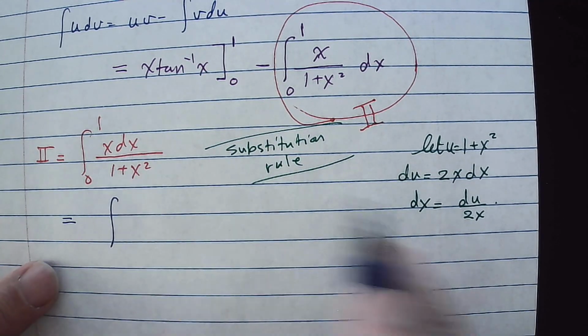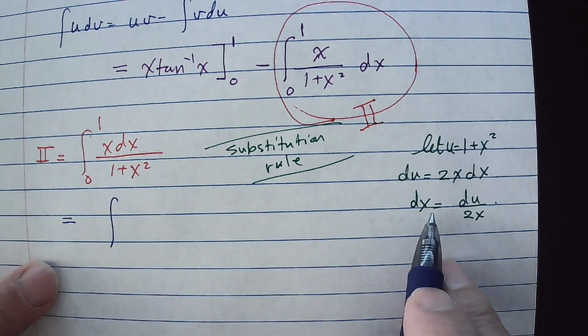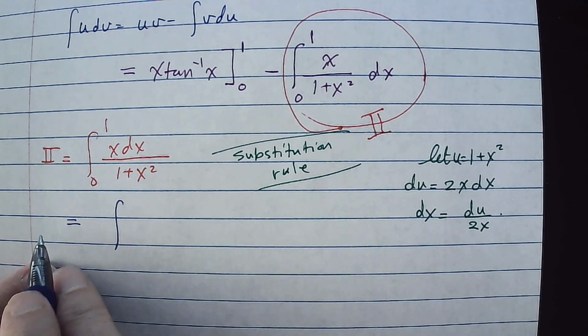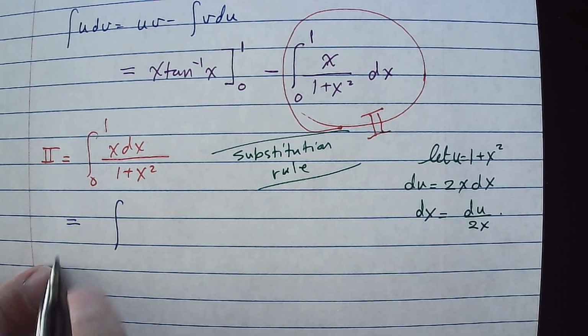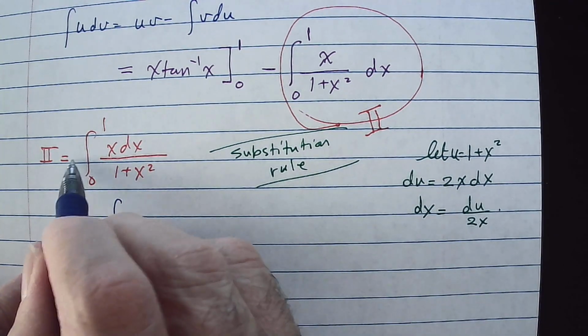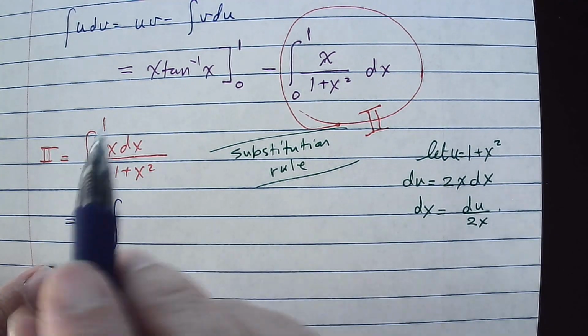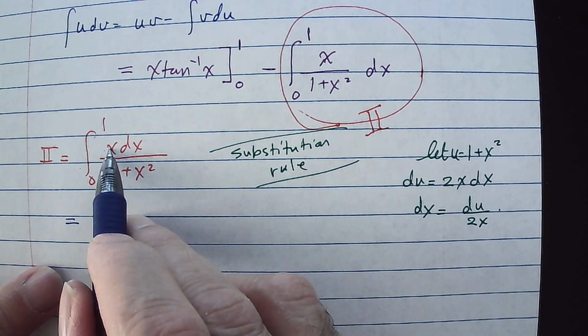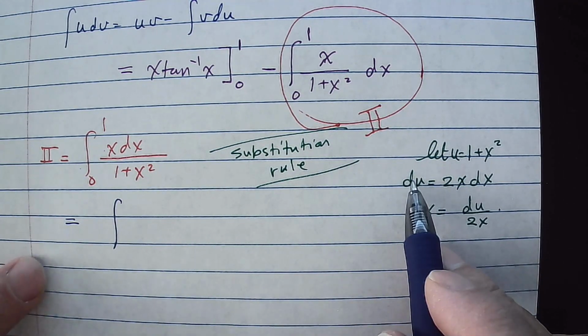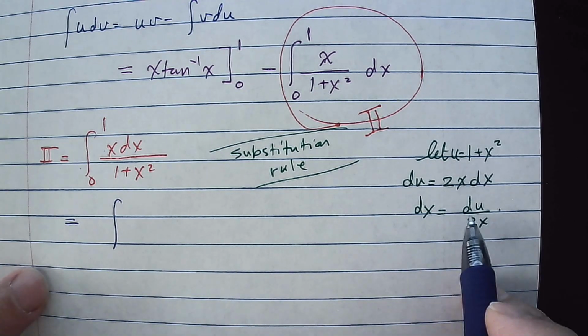Instead of dx, I can substitute du over 2x, so it will give me a half outside. But if we do what we used to do, you may multiply by 2, divide by 2, that is multiply by 1/2. So this becomes 2x, which matches the 2x dx, and then you get that as du. But let's substitute dx as du over 2x.